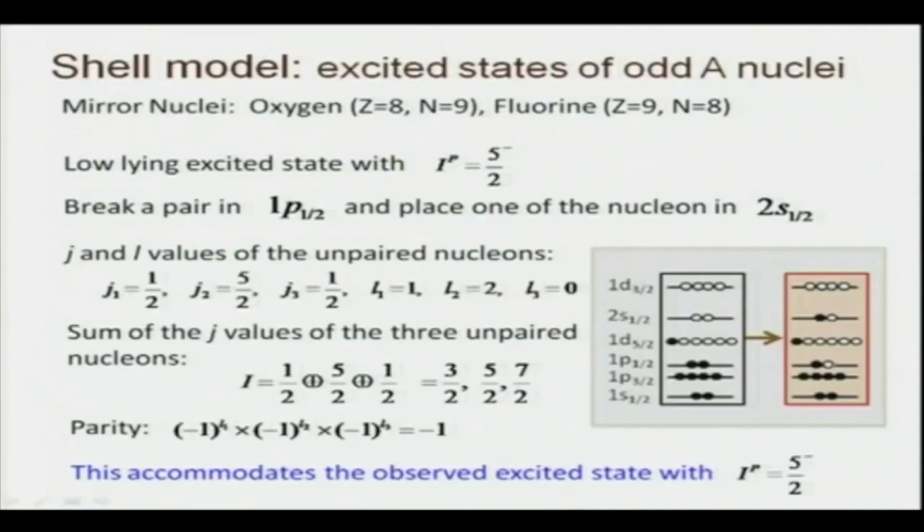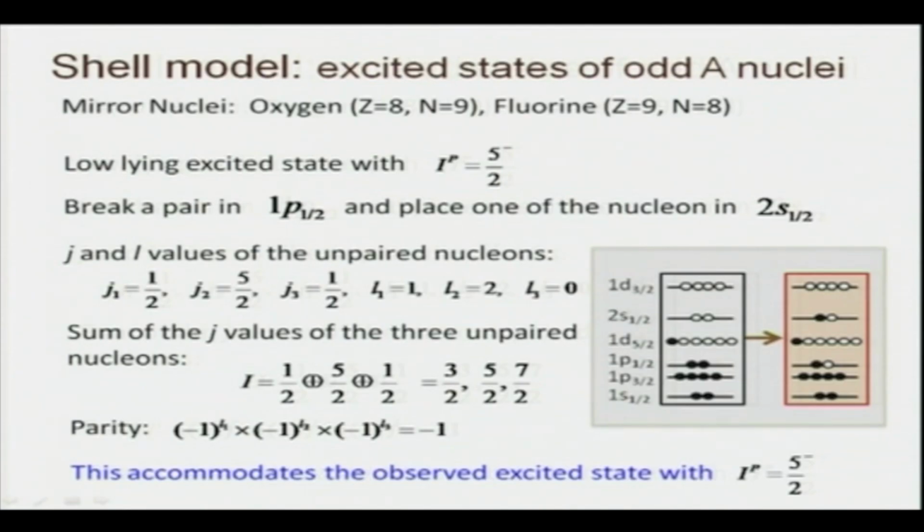You may be able to find other possibilities, like for example, maybe you can break instead of 1p1/2 the 1p3/2 and take that to 2s1/2, and then instead of 1/2 you will have a 3/2 there, still you will have a 5/2 existing possibility and parity is also conserved.